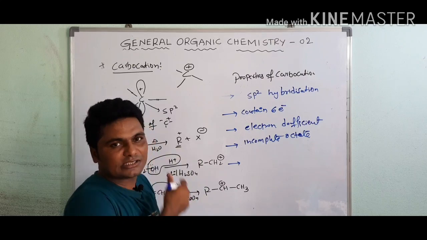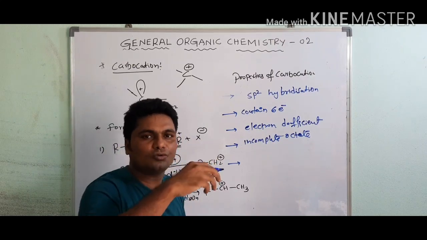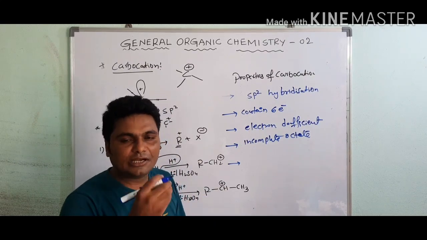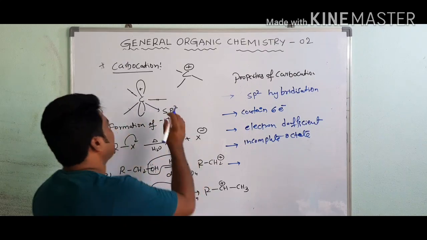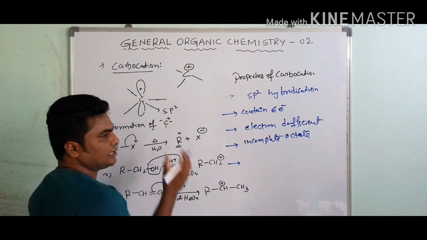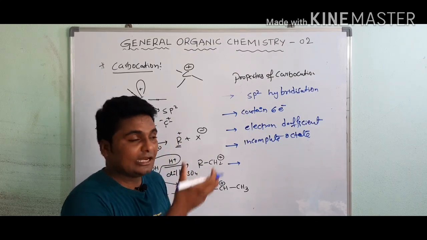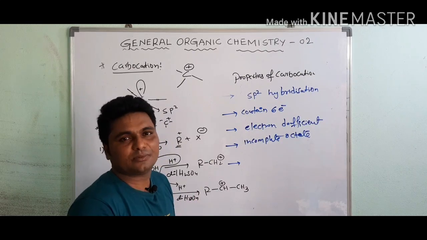So who will stabilize this electron deficient carbocation? If somebody gives the electron to this carbocation, it will survive for some time and it will stabilize. It means if any electron donating group is present adjacent to the carbocation, then the carbocation gets stabilized by the electron donating groups. If any electron withdrawing group is present adjacent to the carbocation, it becomes highly unstable. Why?